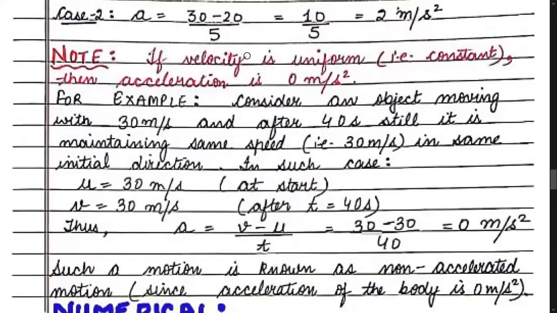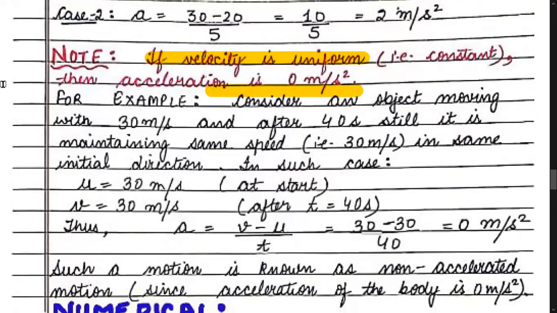Children, note that if velocity is uniform, that means if there is no change in velocity, then in that case acceleration is 0 meters per second square. It is a very important concept.